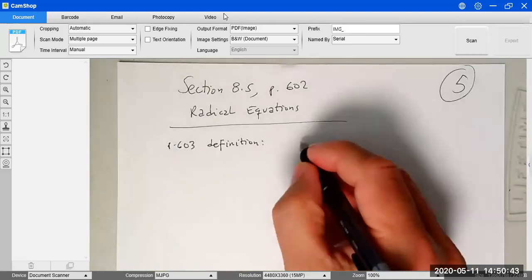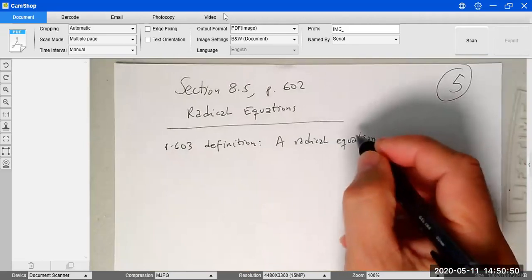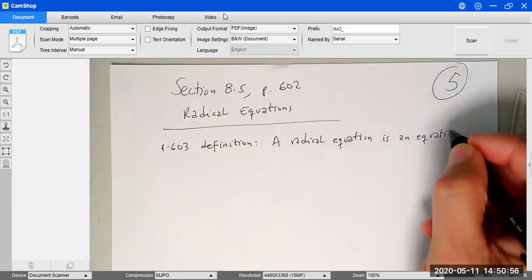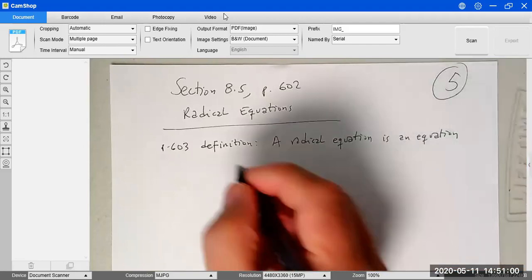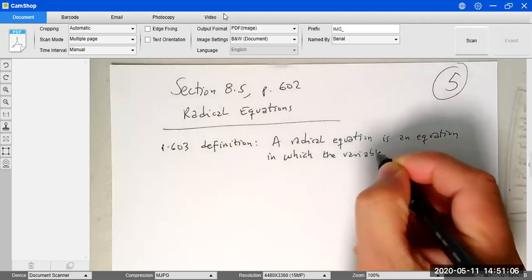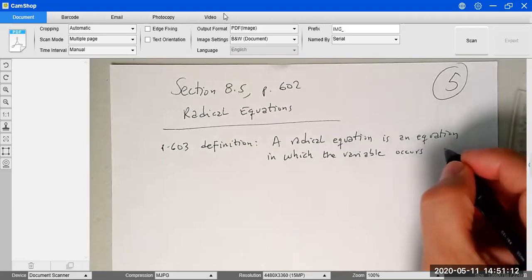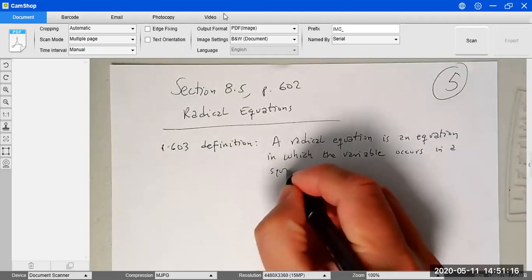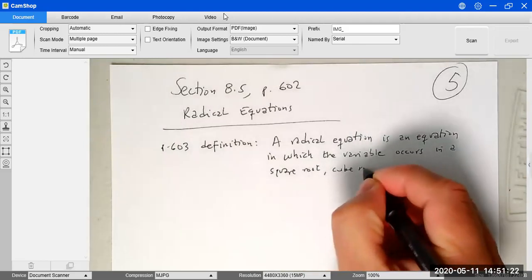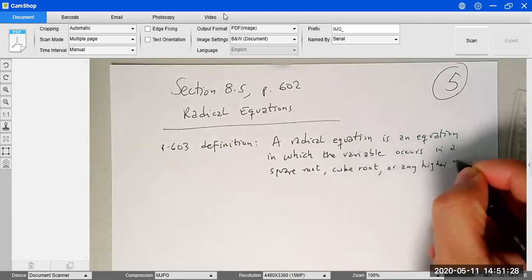It says that a radical equation is an equation in which the variable occurs in a square root, or cube root, or any higher root.